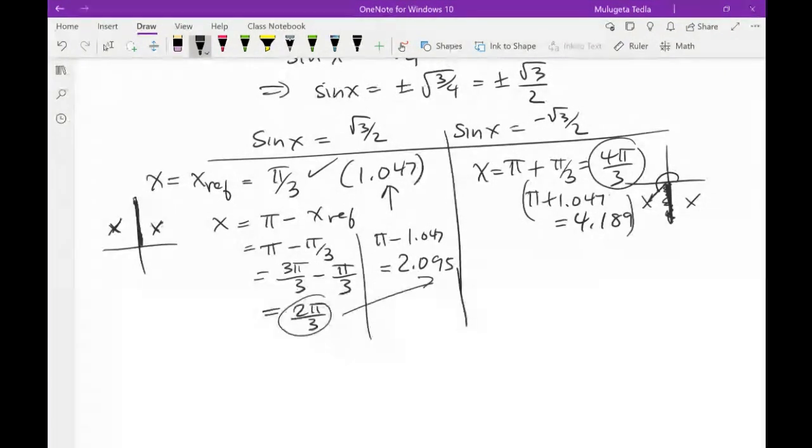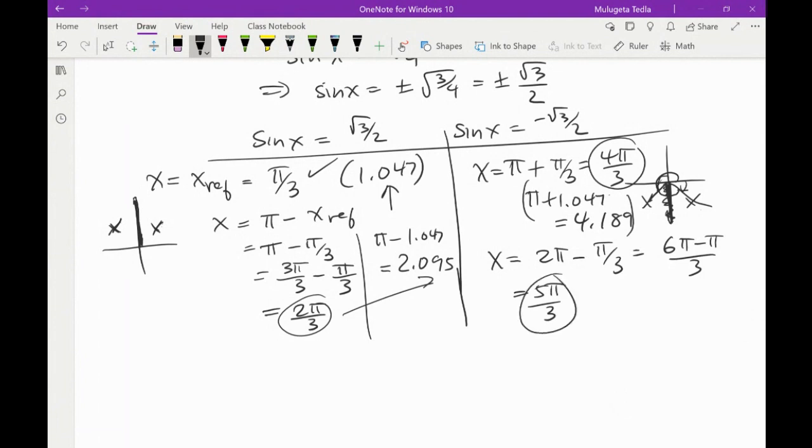For the next one, the fourth quadrant angle is 2 pi minus your reference angle, so minus pi over 3, which is equal to 6 pi over 3 minus pi over 3, which is 5 pi over 3. That is another angle.